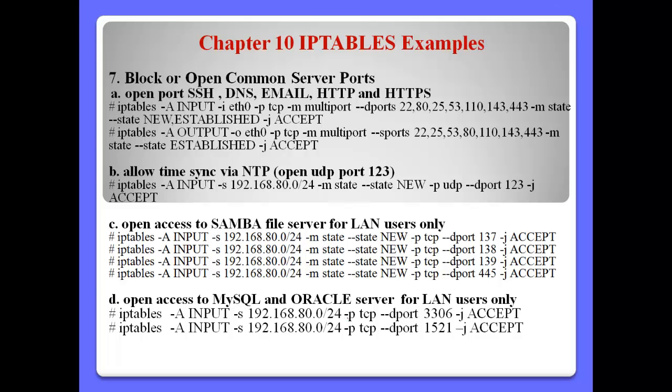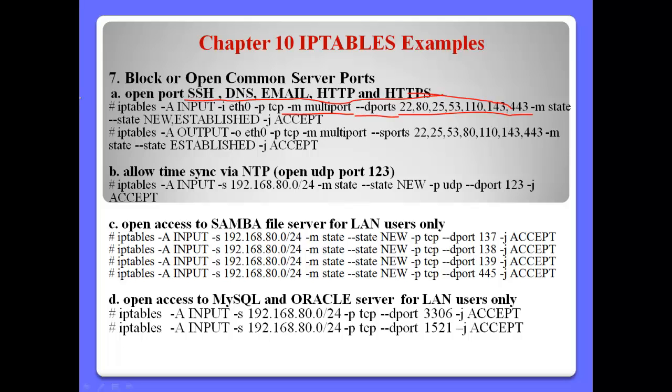Number 7, block or open common server ports. Here we will open the SSH service, DNS, email, HTTP, and HTTPS. If we want to configure this in one sentence or one line, we can use the match option multiport with destination ports 22 for SSH, 25, 53, 80, 110 POP3, 143 IMAP, and 443 for HTTPS.